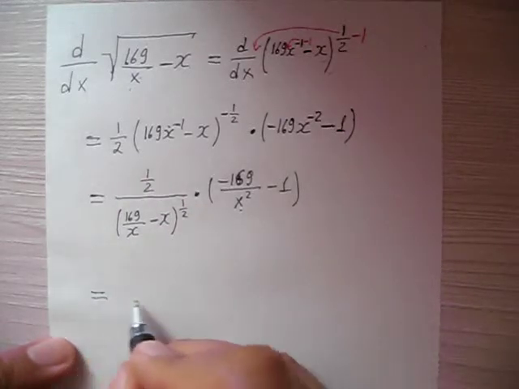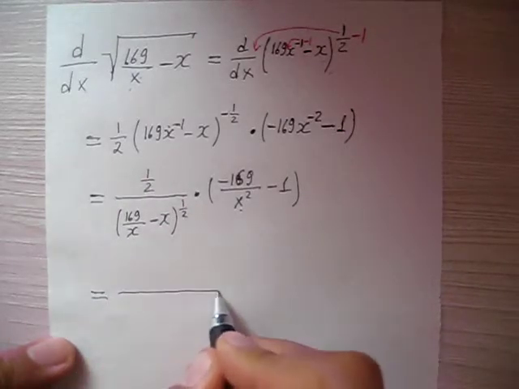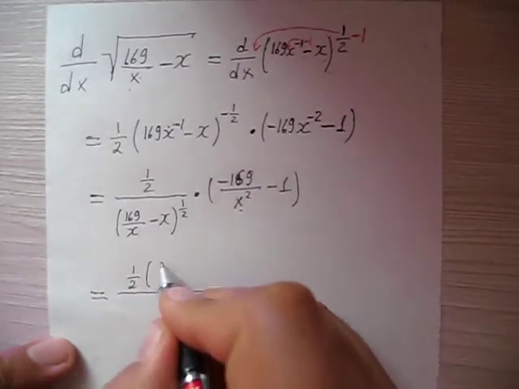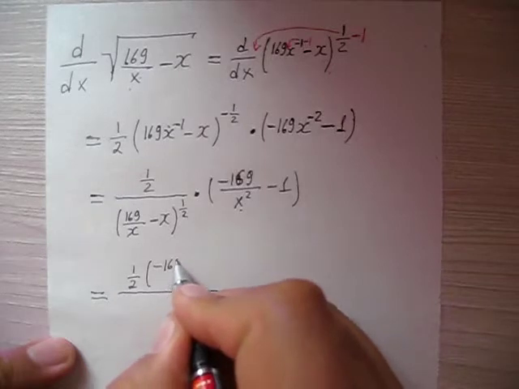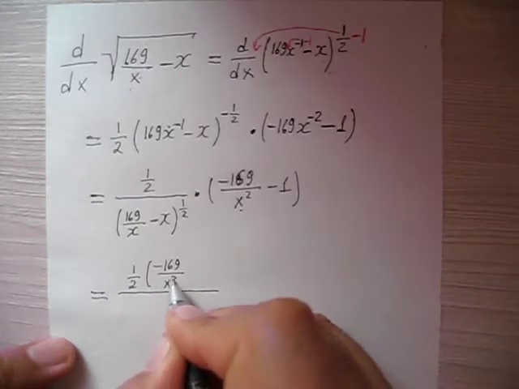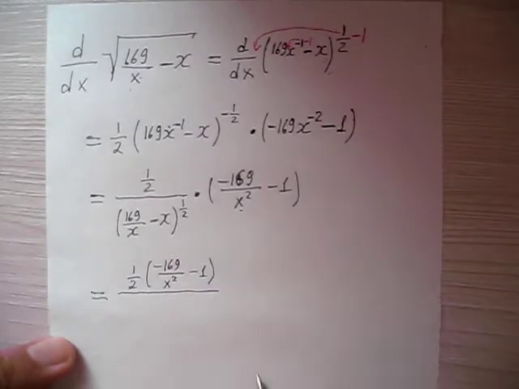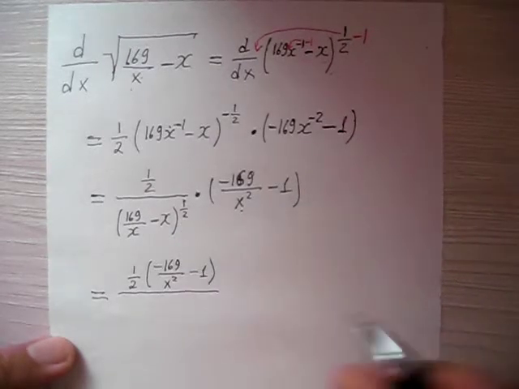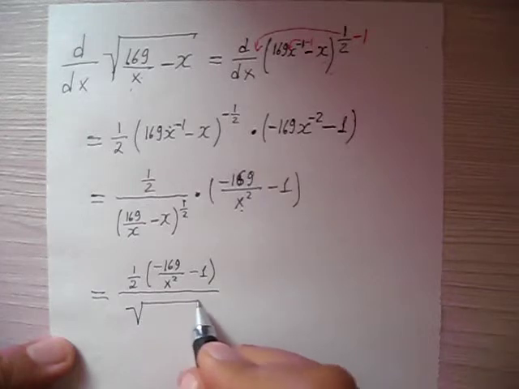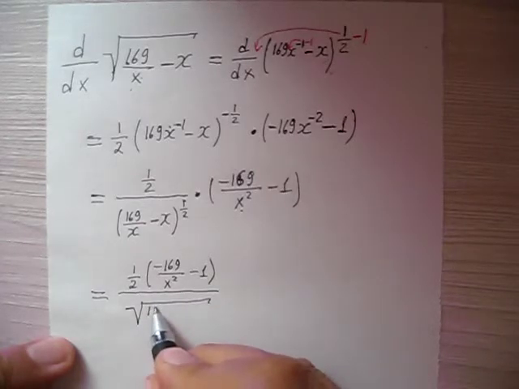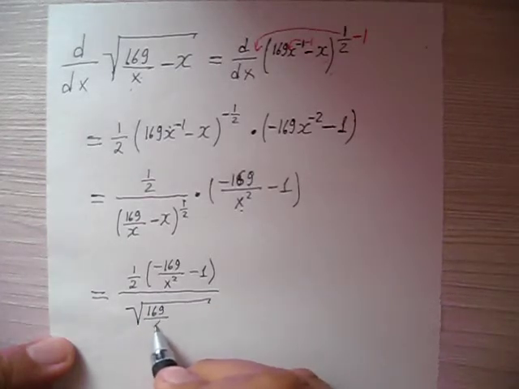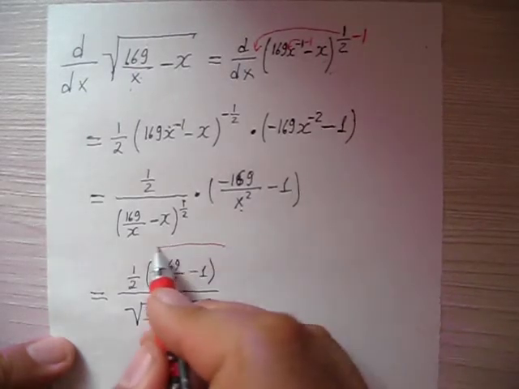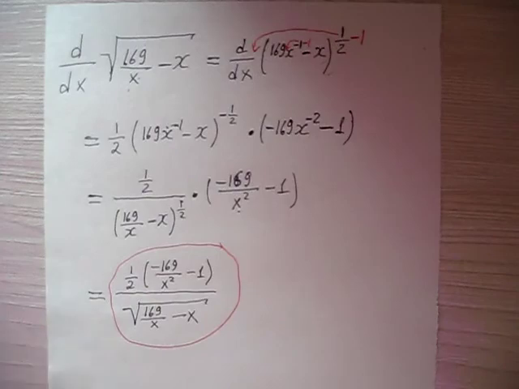In that case we will have 1/2 times this parenthesis, minus 169 over x squared minus 1, and in the denominator this power 1/2 you can rewrite as square root of 169 over x minus x, and this will be our solution.